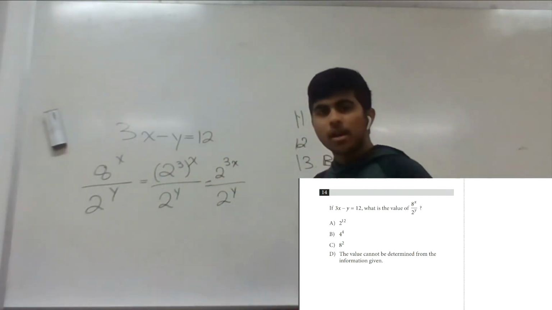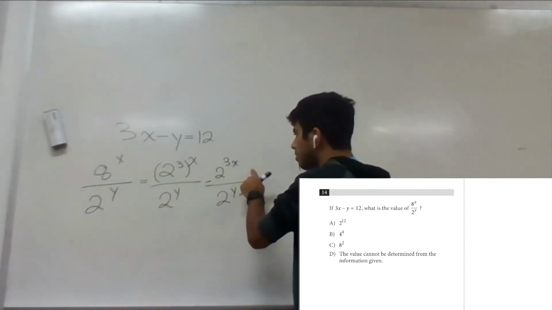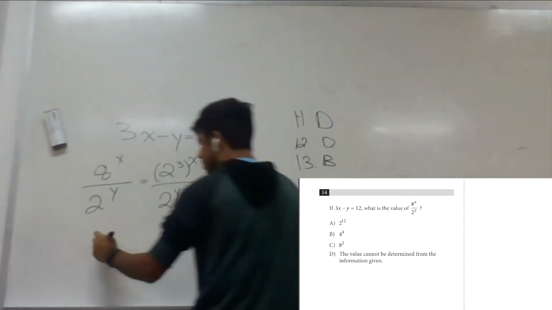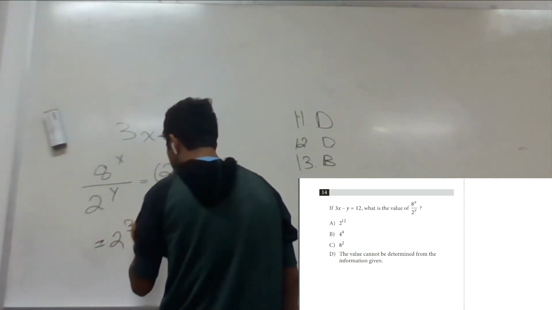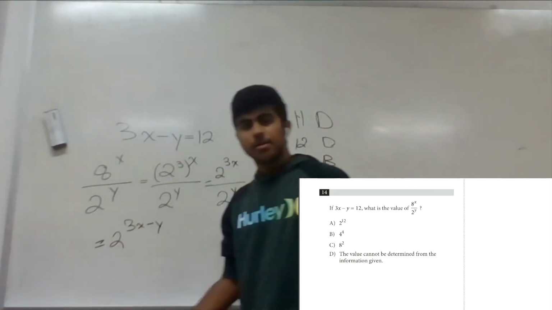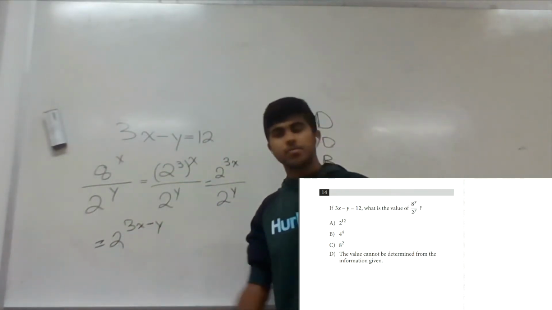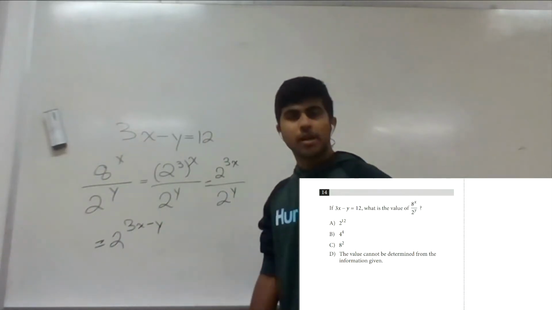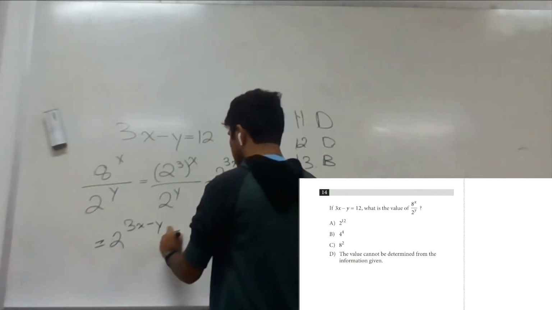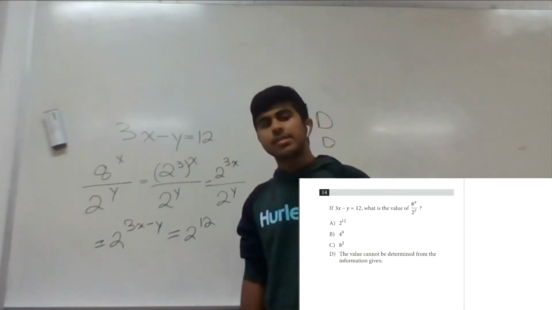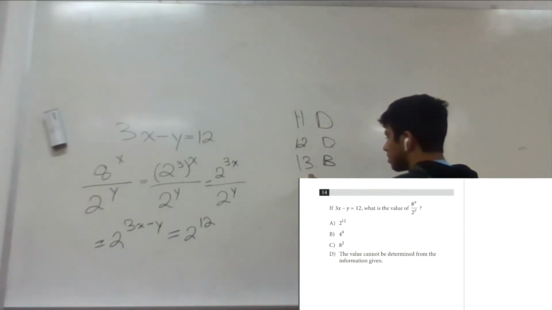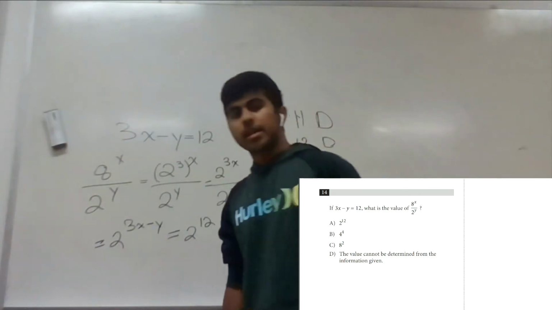And again, exponent rules, 2 to the 3x over 2 to the y is going to be equal to 2 to the 3x minus y. But 3x minus y is 12, so this is just 2 to the 12. All right, 2 to the 12, answer choice A. So number 14 is A. And we can go on to the next question.